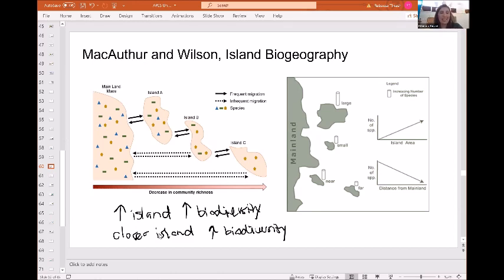That's because it's easier for species to get to the island and back. That's that migratory pattern that is going to allow more species to possibly colonize and be successful there. So a small island way far away from the mainland, probably going to have less species. A huge island very close to the mainland, probably going to have a lot.